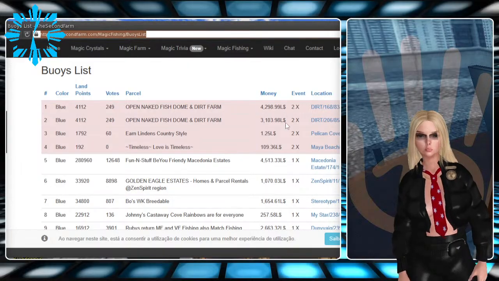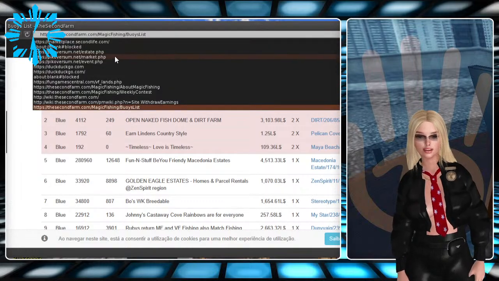Again, there is an extra event here at Open Naked Fish Dome at Dirt Farm. But as you can see, it's naked fishing. I can't go there because I guess I could go there and end the live stream.